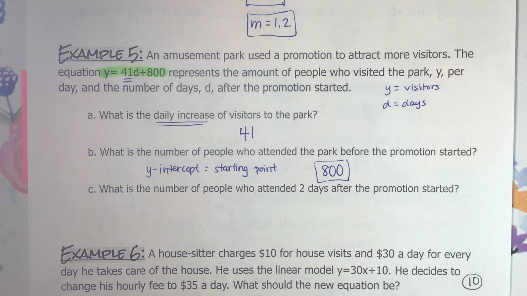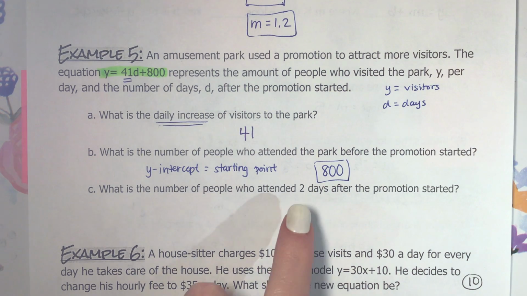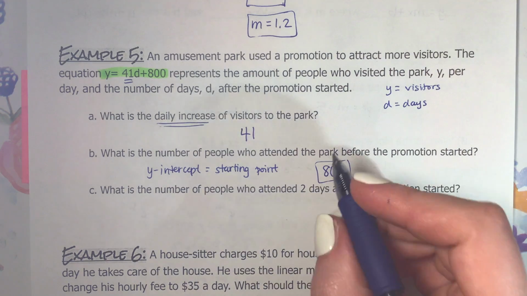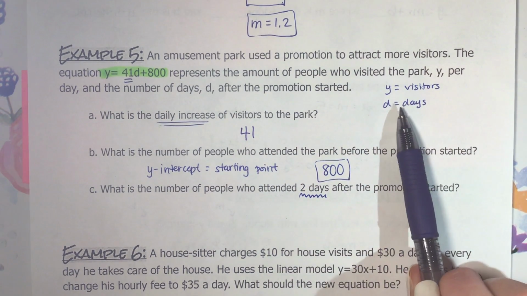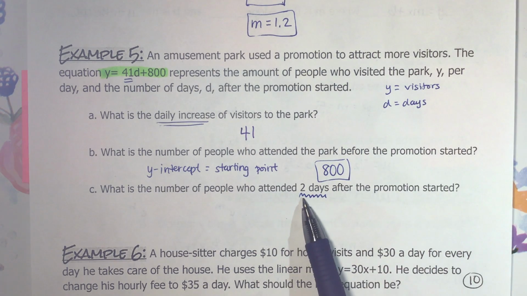What is the number of people who attended 2 days after the promotion started? I keep saying that wrong. I apologize. 2 days after the promotion started. Okay, 2 days. This is letting us know what variable this is. D equals days. I want to know what the equation is equal to after 2 days.